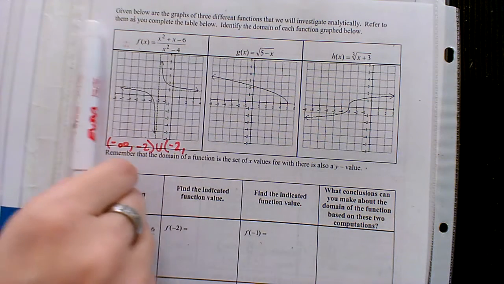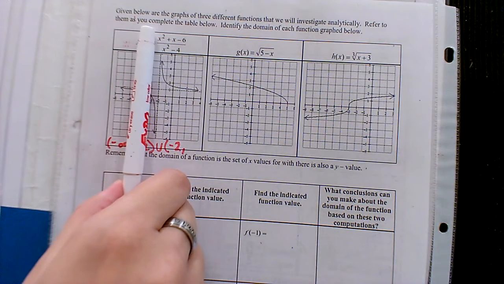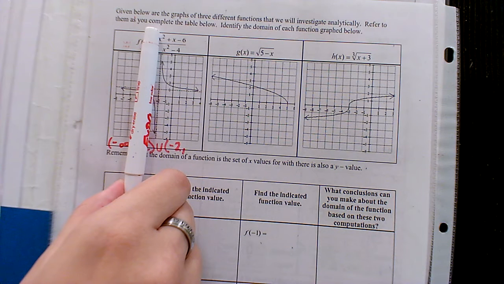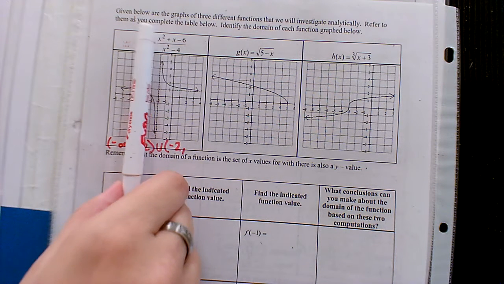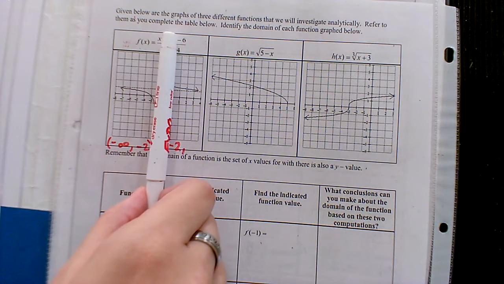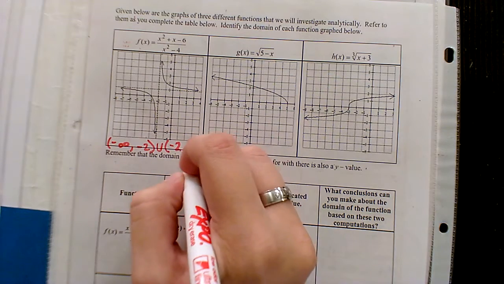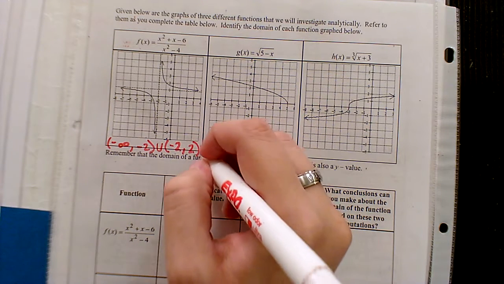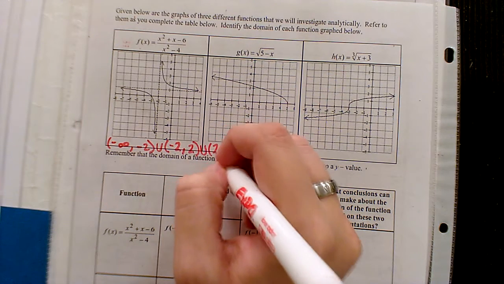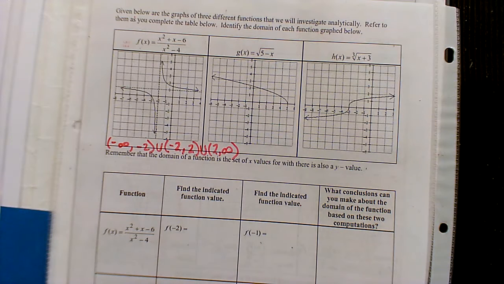Okay, so we start at negative infinity. As we drag, we encounter that vertical asymptote at negative 2 that we have to skip over because there's no point there. We stop at 2 because there's that open circle, but we still have more graph, so another union, and we would have 2 to infinity because of the arrow. Another 3-sectioned domain piece there.